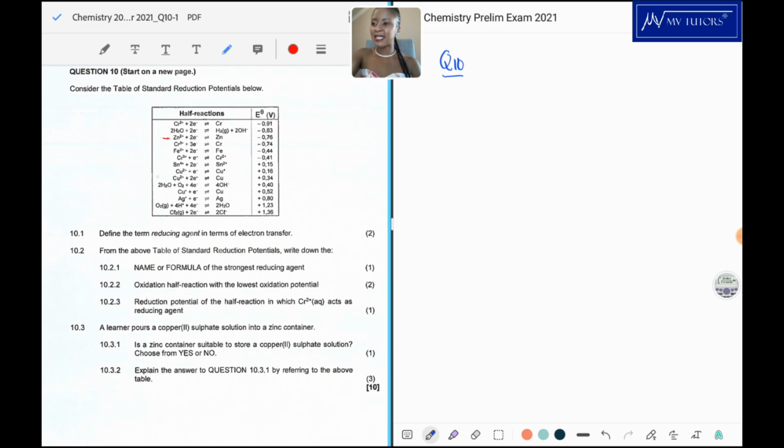Zinc actually oxidizes more than copper. So the oxidizing ability in this direction increases. So oxidation increases in this direction, and copper reduces more than zinc.